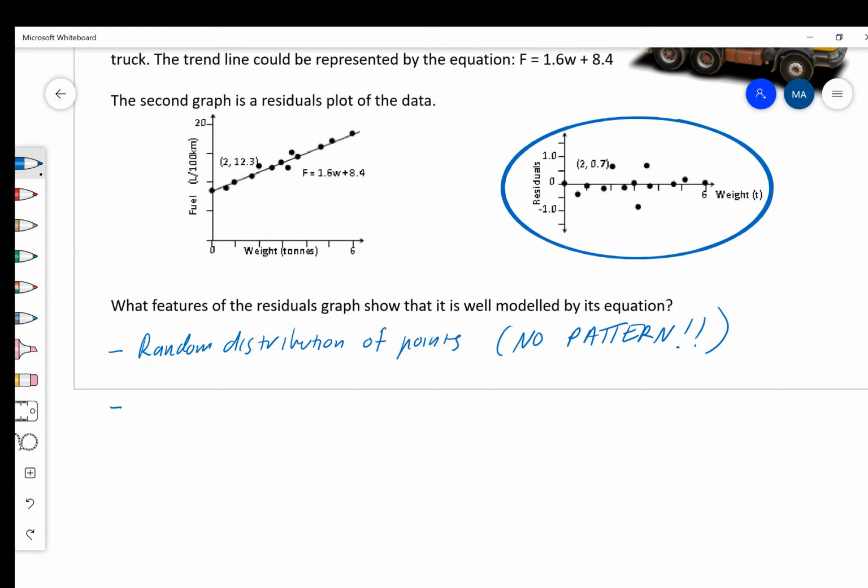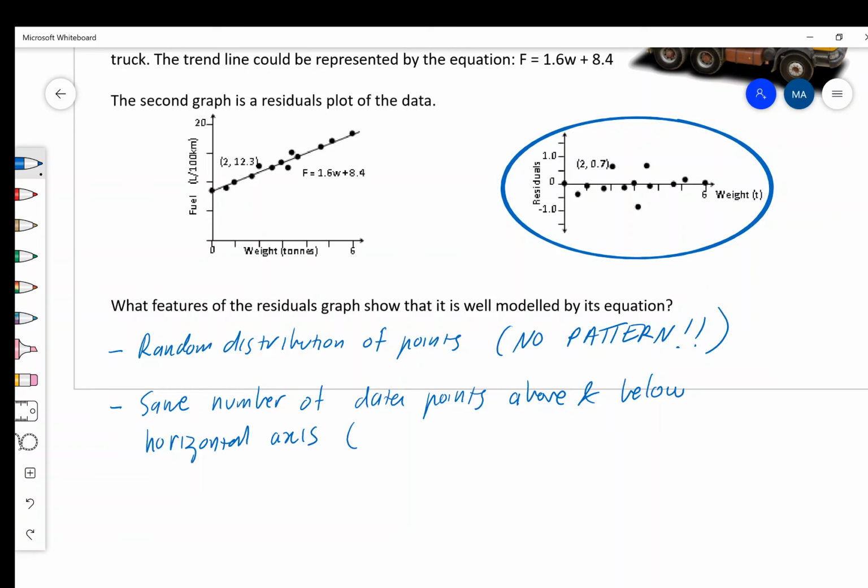Now, another thing we look for is the same number of data points above and below the x-axis or the horizontal axis. So what we're talking about here is that the number of positive residuals should be equal to the number of negative residuals.